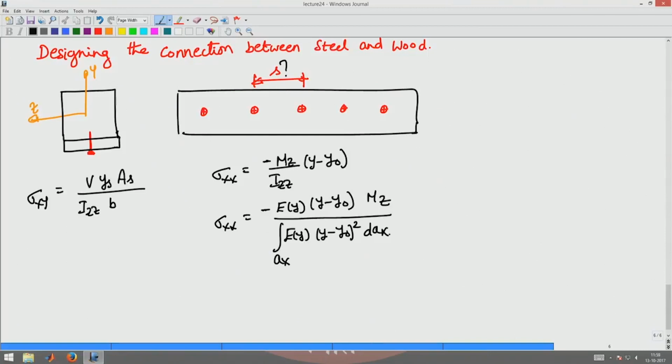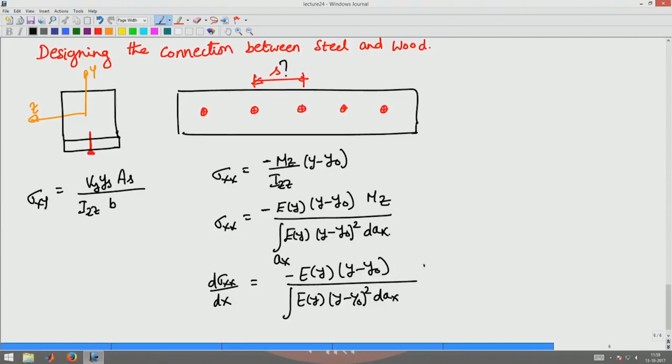Now what I was interested in was d sigma xx by dx, which is what gave us this Vy here. So that will still be minus E of y times y minus y naught, divided by the integral of E of y times y minus y naught whole square dAx, into dMz by dx, which is minus Vy.